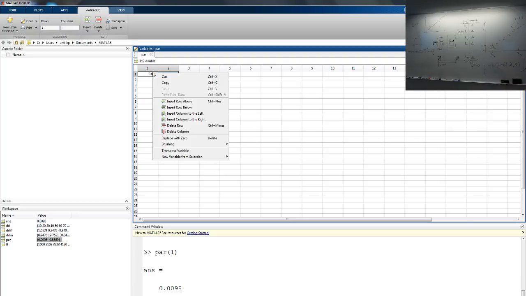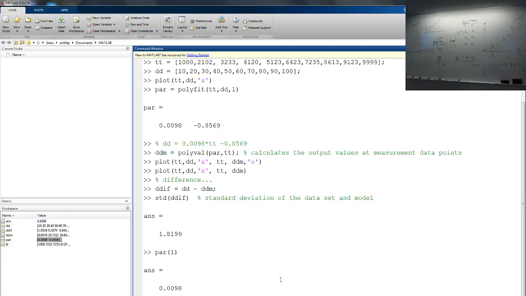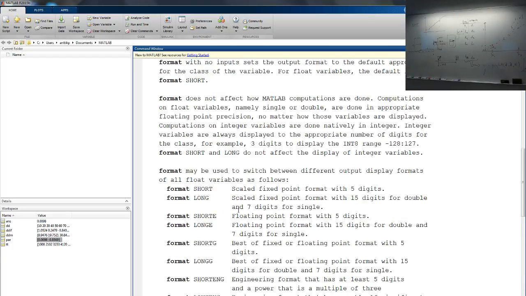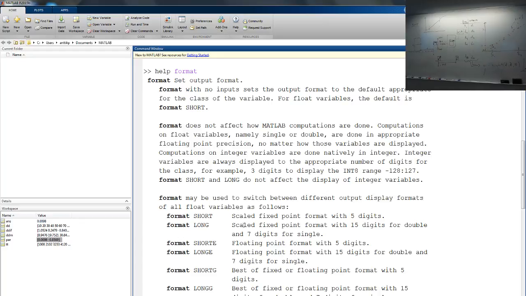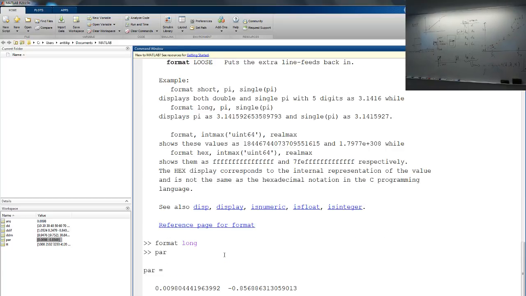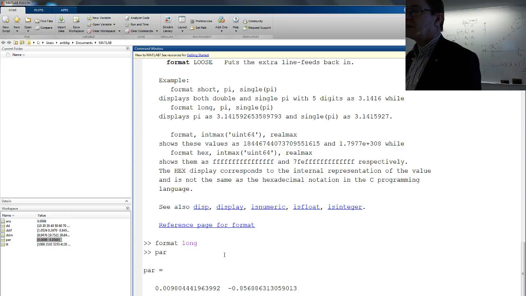No. Format, set output format. Yeah, those are the numbers you can use on your calibration scheme on the microcontroller.